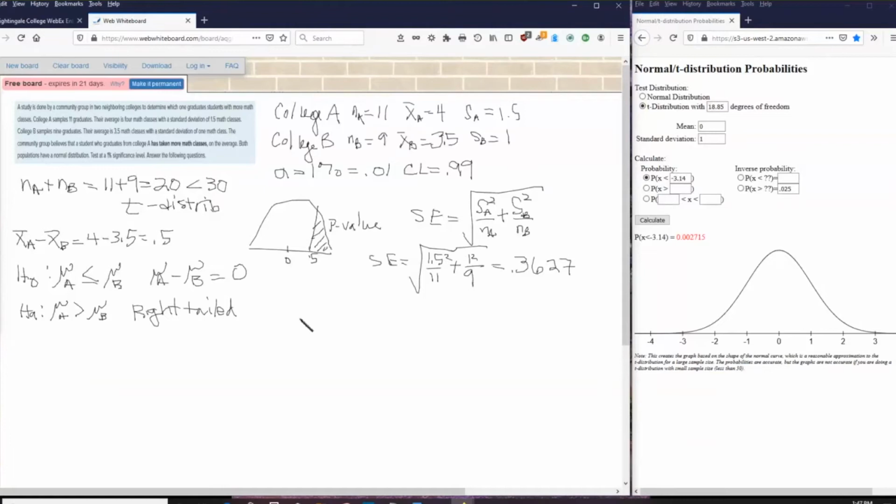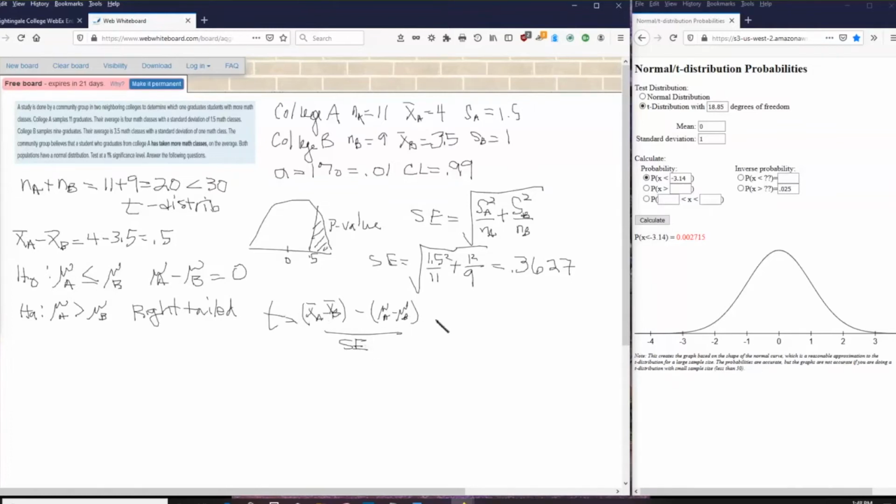And then I'm going to solve for my t-statistic, which is going to be the difference of the sample means minus the difference of the population means, all over our standard error, the standard deviation.